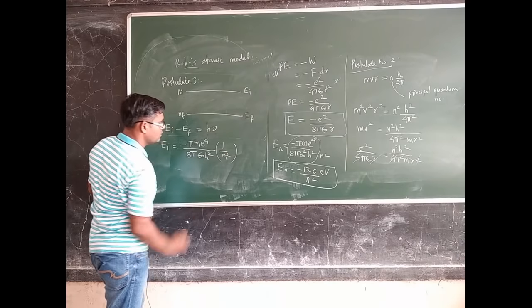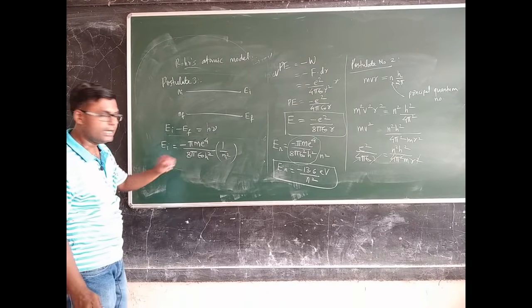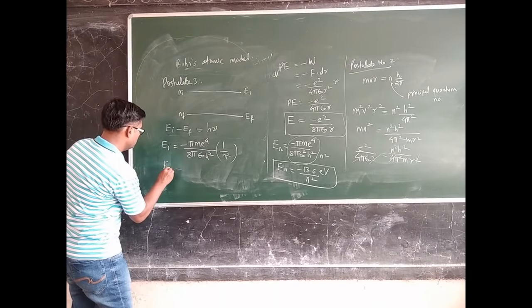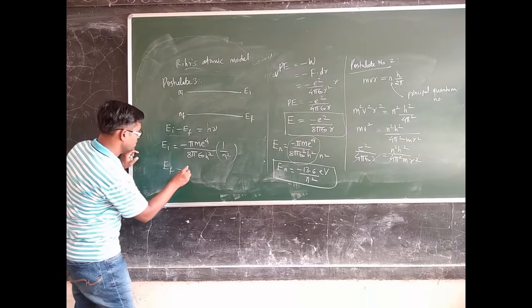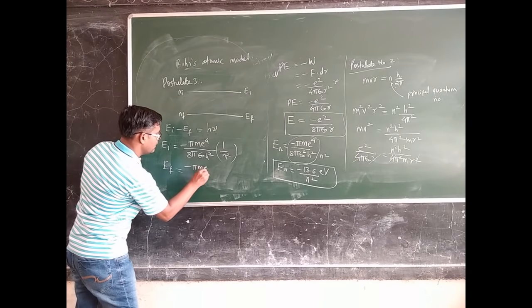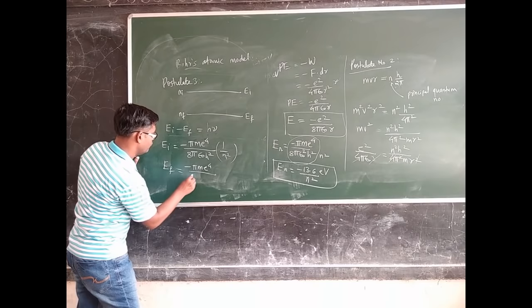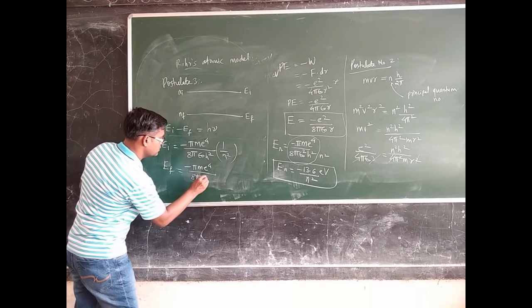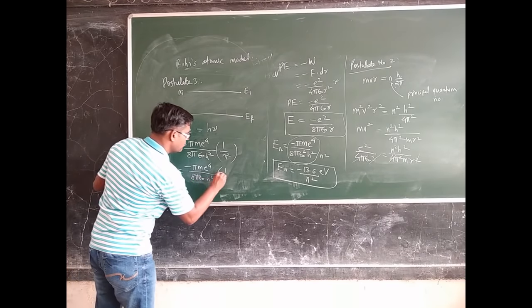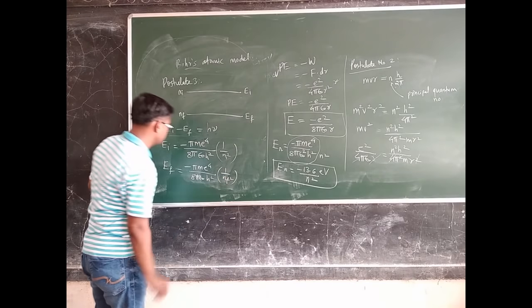Since this is the initial orbit, we have to represent it as 1 by ni square. Similarly for the final orbit, Ef is equal to minus pi m e to the power 4 divided by 8 pi epsilon 0 square h square, into 1 upon nf square.